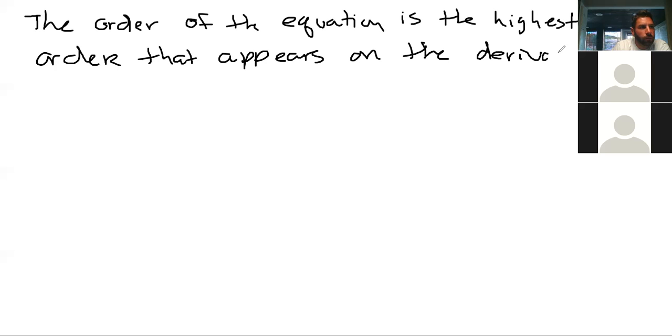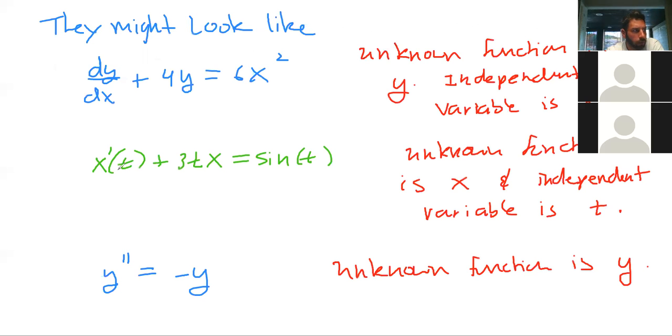So in the previous 3 examples that I gave you, the first one is order 1, and then the last one is order 2 because there's a second derivative that pops up.